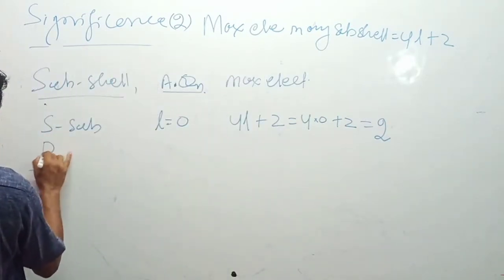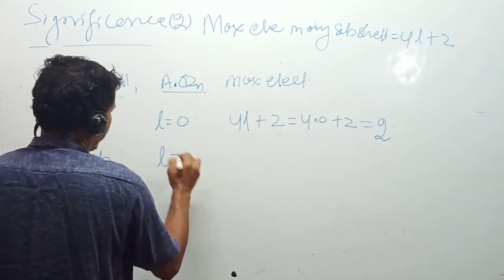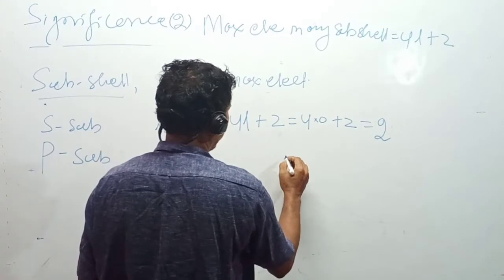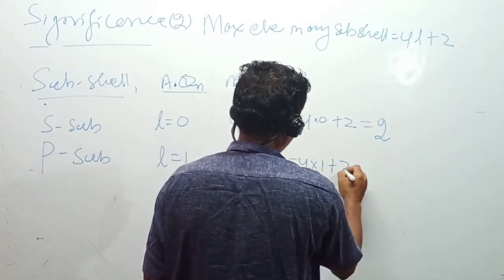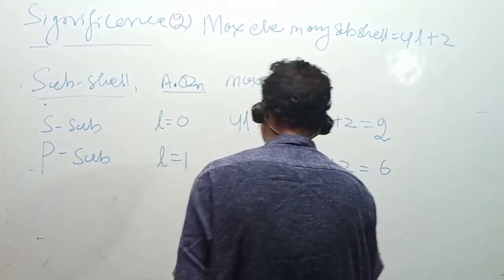For p subcell, azimuthal quantum number L equal to 1, maximum electron 4L plus 2. So this will be 4 into 1 plus 2, so it will be 6.